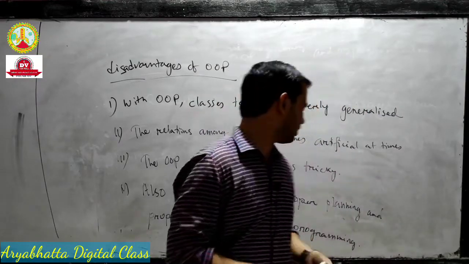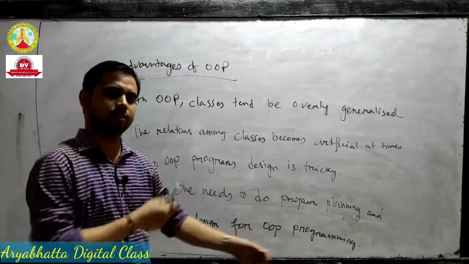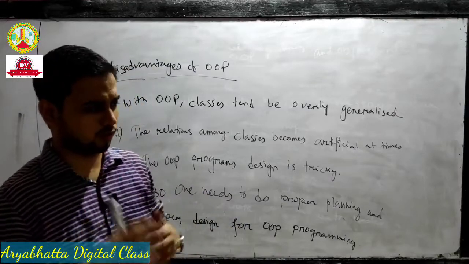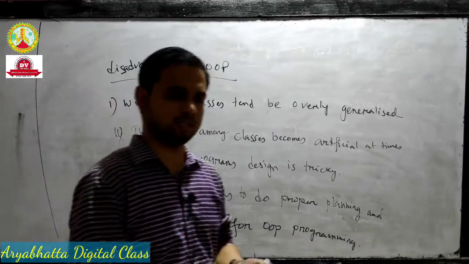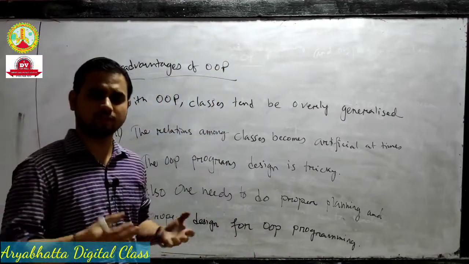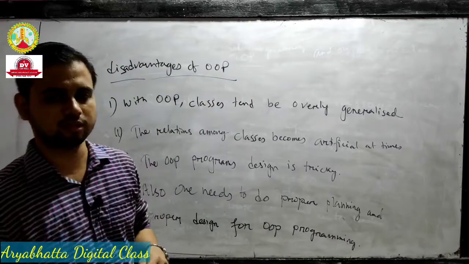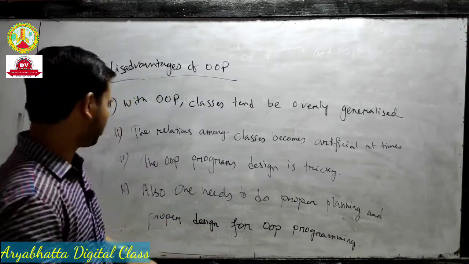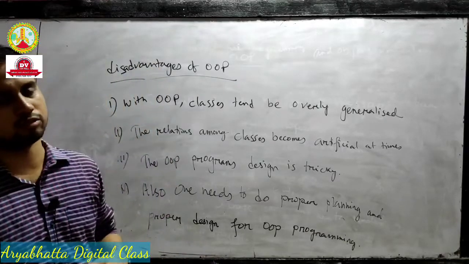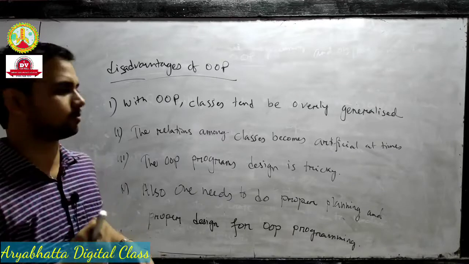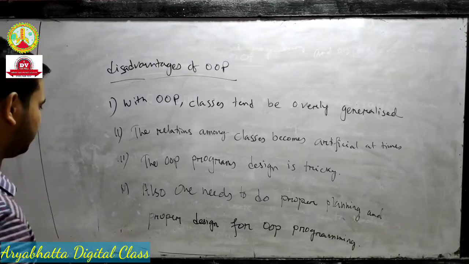That is the actual concept of needing proper planning and proper design: he or she must know the actual logic and the mathematical formula, understand the mathematical concept, and then perform it in C++ or in OOP coding. One must first know the logic, then perform the coding. OOP means C++ or Java; we study C++.